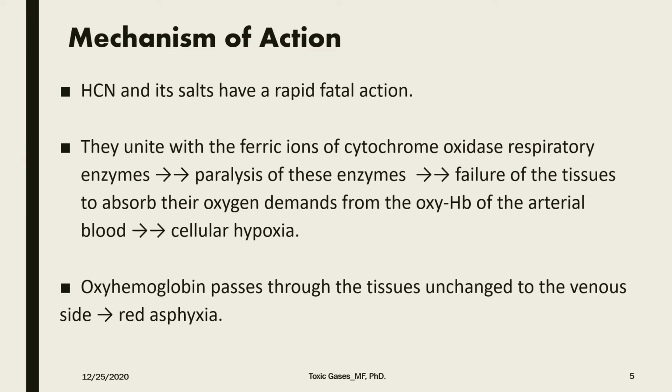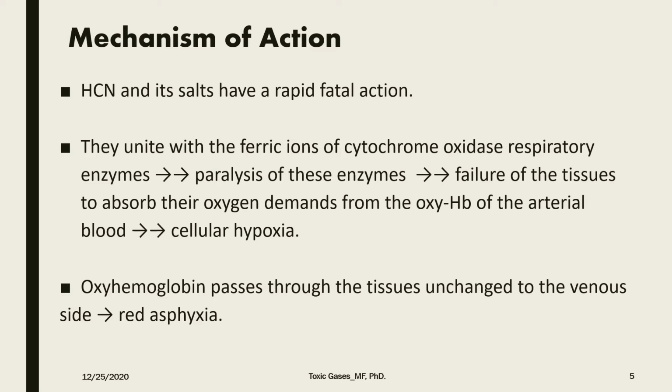The mechanism of action of hydrocyanides is very rapid and fatal. It unites with the ferric ions of cytochrome oxidase respiratory enzymes, leading to paralysis of these enzymes. This in turn leads to toxic effects on the tissues, where they cannot take up the oxygen from the hemoglobin, and the oxyhemoglobin passes into the venous blood, a condition that leads to cellular hypoxia.